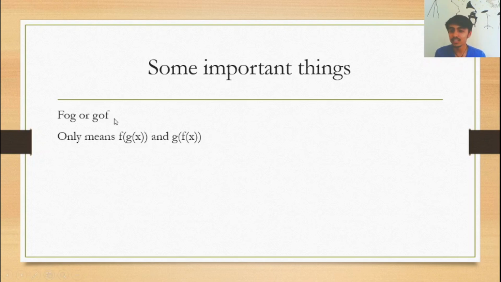So f of g and g of f mean nothing but f of g of x, and g of f of x. In the function f of x, first write g of x in place of x, wherever x is written in f of x, write g of x there. This is easy guys, this is done, very easy chapter.